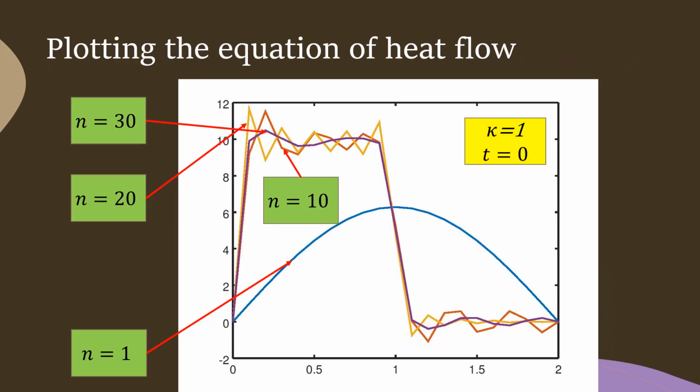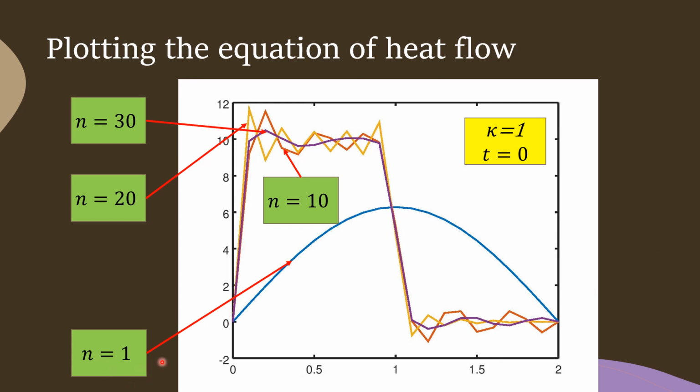So what I do next in the next two slides is to actually show you what it looks like on the plot, right? Based on the equation that we have generated just now. So here I just want to show you the effect of using a larger n value. If you use a small value of n, your result is not going to be accurate. This is very obvious if you consider n equals 1 here.